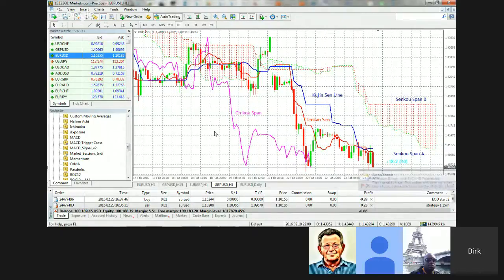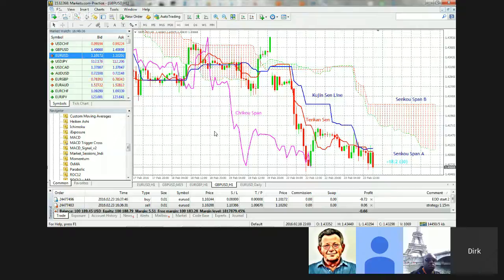Right? Now, what you need to do is you firstly need to know these lines quite well. You need to identify which line is named what. That's the most important step before you can really move on to reading the Ichimoku signals.